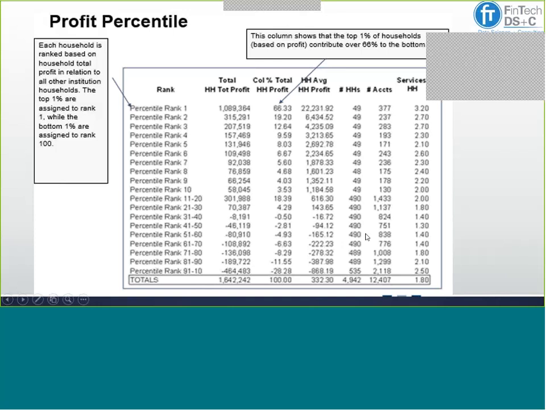What I also wanted to point out to you, though, that's fascinating is the concentration of services per household. So you can see a high number of services in their best members, which is something that we'd like to see, right? We hope that our best members have really engaged with us and are using our products and services, right?